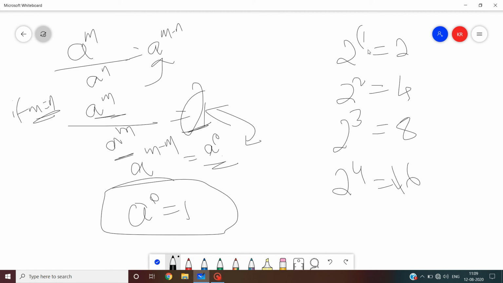When we see the increase in the power, the value is getting doubled, right? See, 2 power 1 is 2, 2 power 2 is equals to 4. When we see 2 power 3, it is again doubling. 4 is again doubling, so it is becoming 8. Again from 2 to the power of 3 to 2 to the power of 4, it is doubling, so 8 to 16.